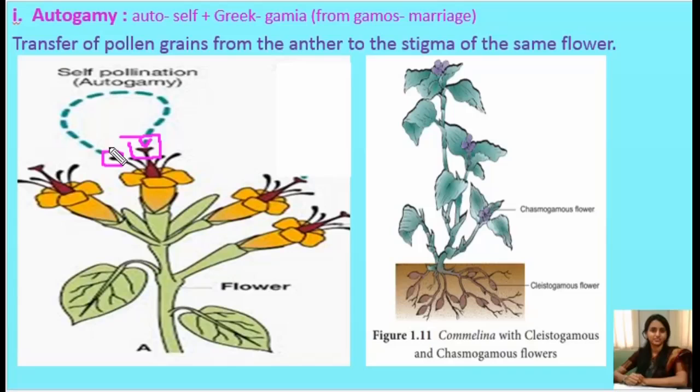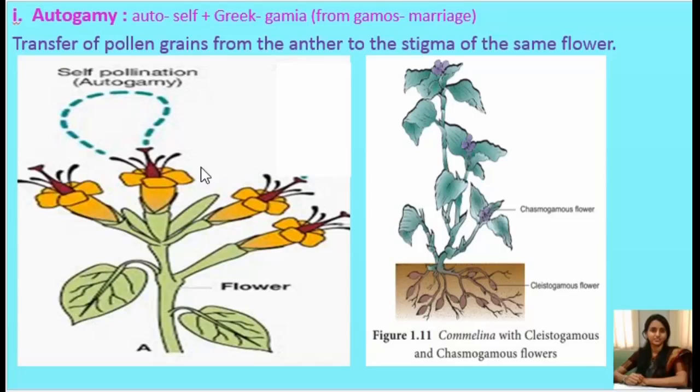Now, the conditions which are required for autogamy are: number one, there is a need of synchrony between the release of pollen grains and the receptivity of the stigma. It means the time duration of receptivity of the stigma. What is receptivity of the stigma?